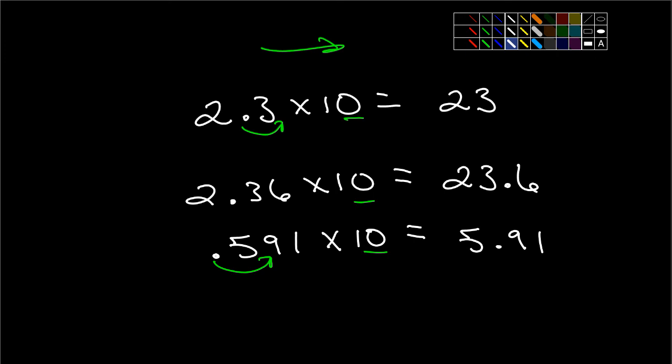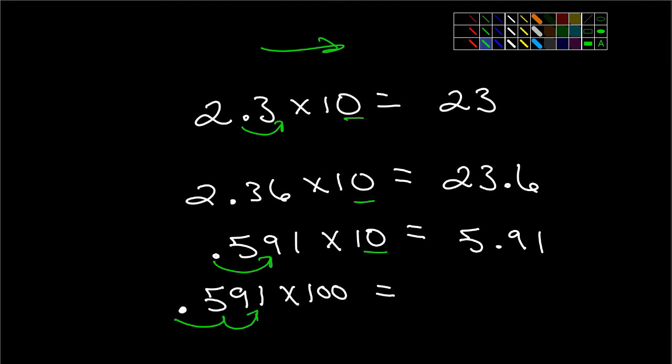You see how that works? Now, that's multiplying numbers by 10. You just move the decimal one place to the right. Now, if it was 100, so if I had 0.591 times 100, I heard somebody say it. Then you're going to move it two places. 1, 2.